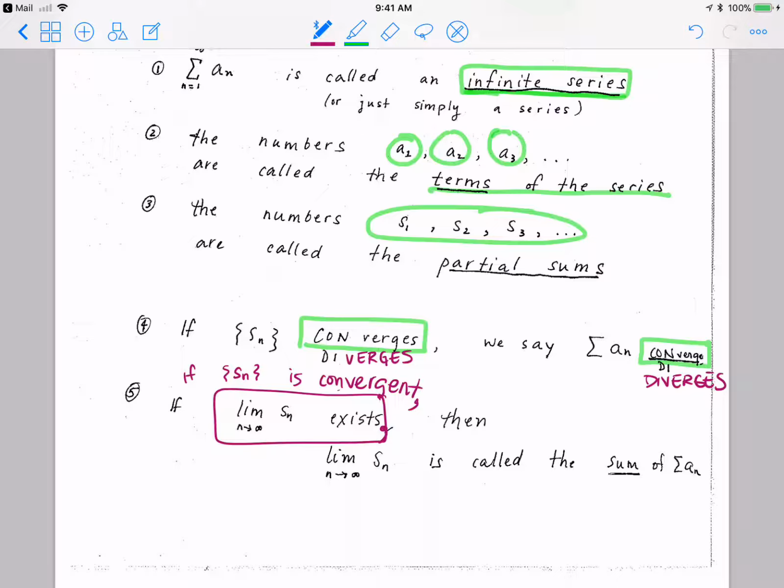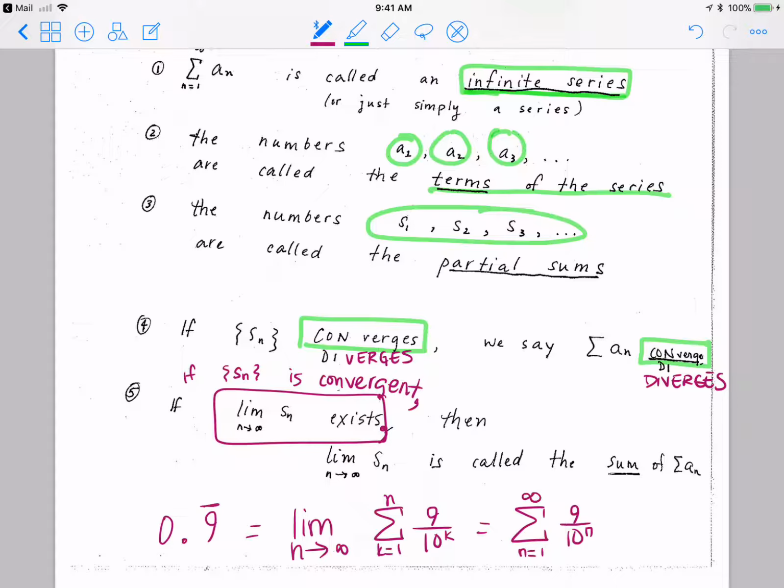So for example, we already know that we can write 0.9 repeating as the limit as n goes to infinity of our sum of 9 over 10 to the k, k equals 1 to n, which is the same thing as the sum of 9 over 10 to the n, n equals 1 to infinity.